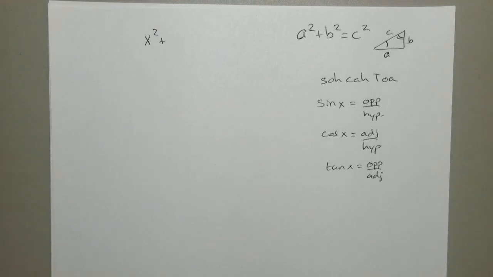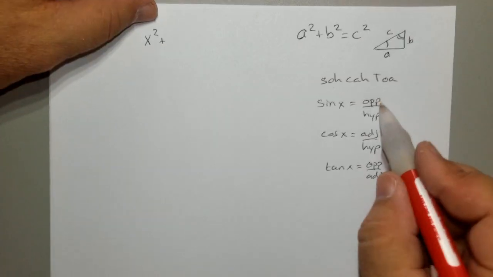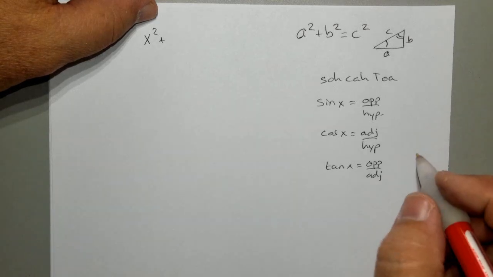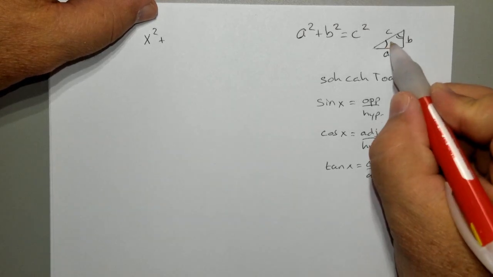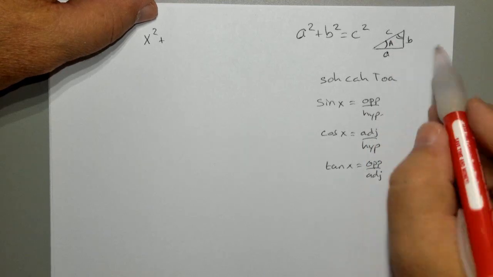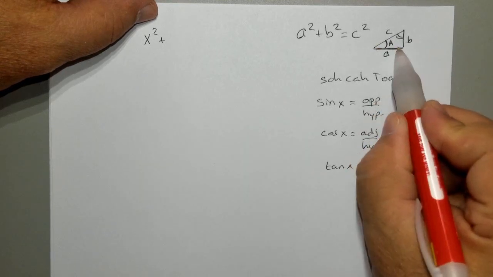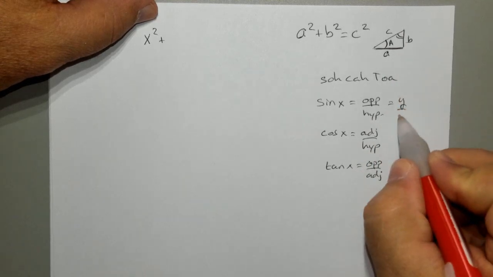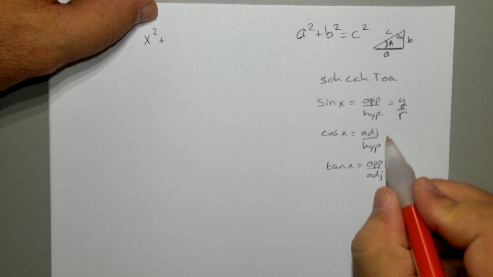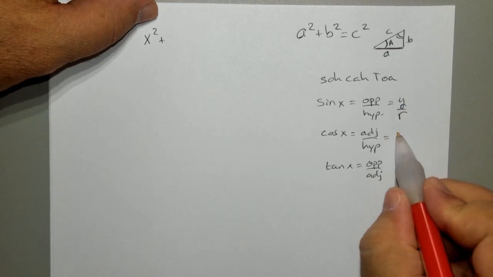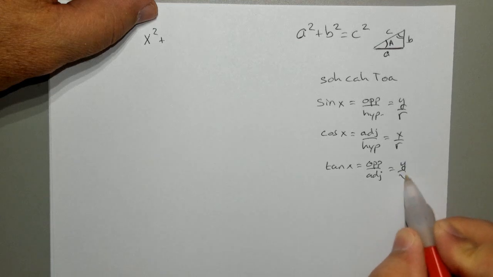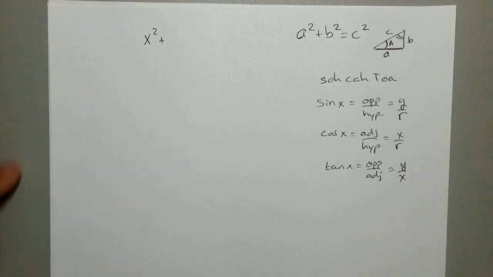Depending on which angle you're looking at. The opposite and the adjacent are either the x and the y. I'm looking for angle A. The adjacent side is my x-axis. The opposite side is the y. So y over r, x over r, and y over x, which is what our slope is all about.